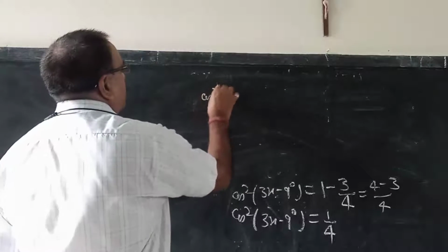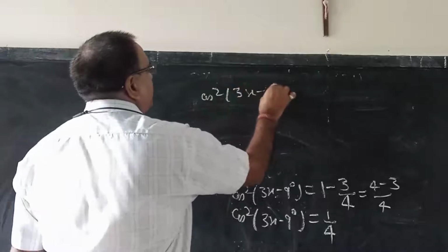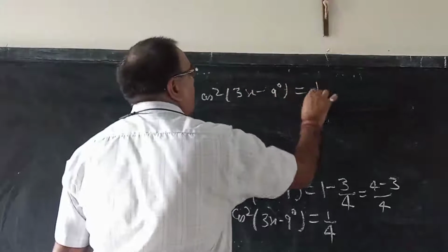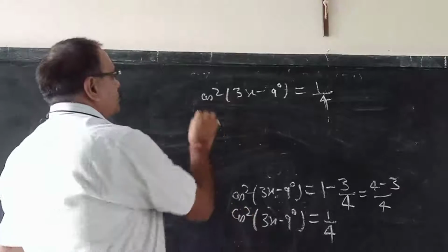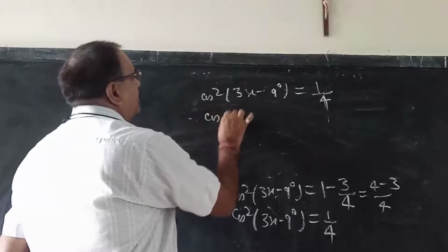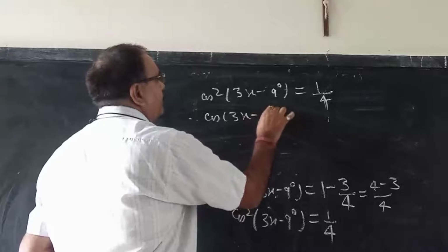cos²(3x − 9°) = 1/4. So cos square is 1. What is the value of cos(3x − 9°)?